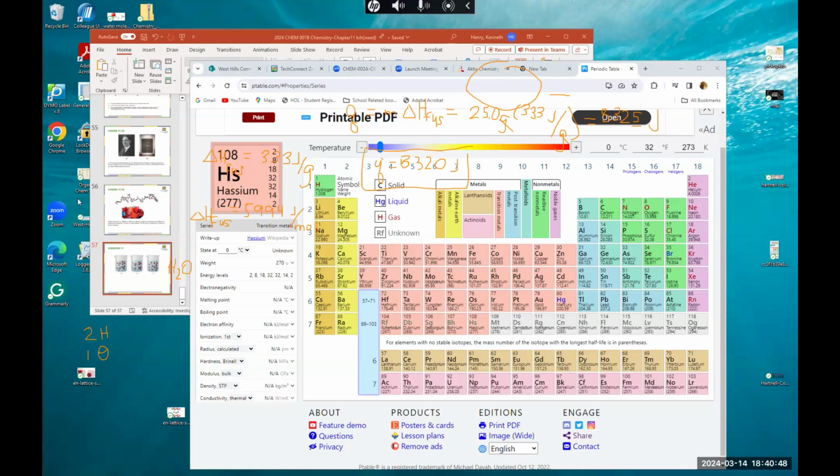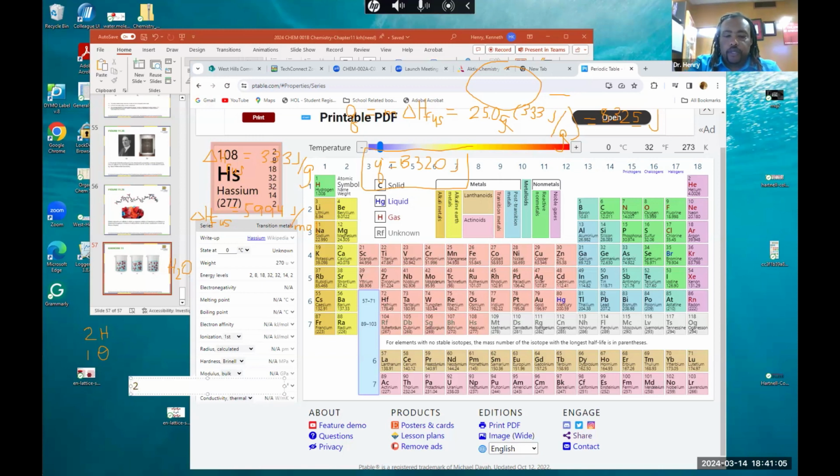Yes. Okay. So we're going to look at the atomic mass of hydrogen, which is 1.008. So we're going to go 2 times 1.008, which is going to be 2.016.